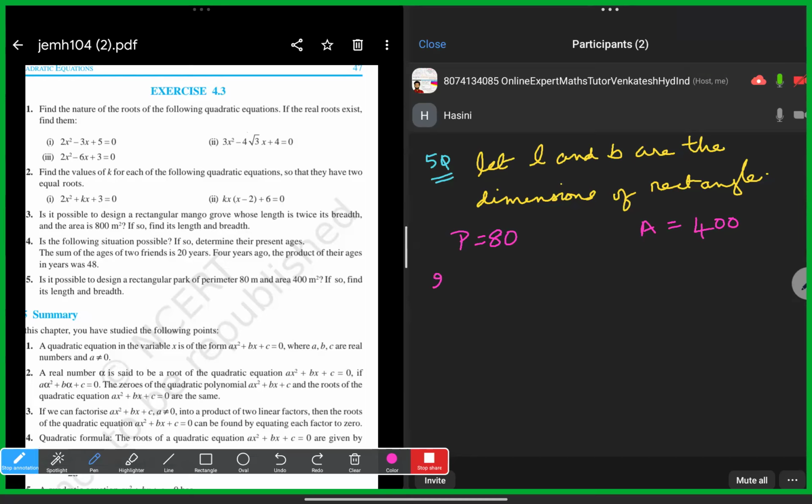So perimeter is 2 into (L plus B) is equal to 80. Area is length into breadth is equal to 400.